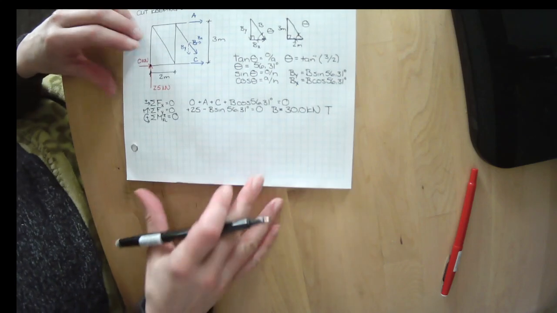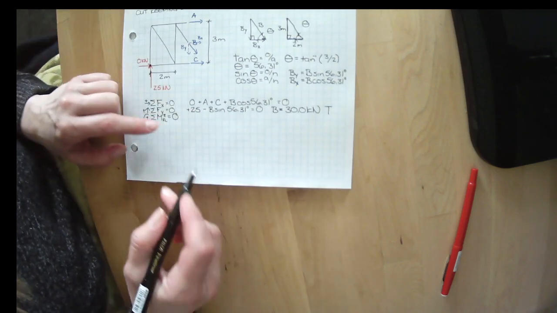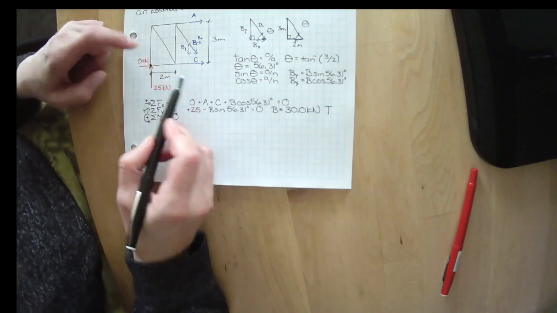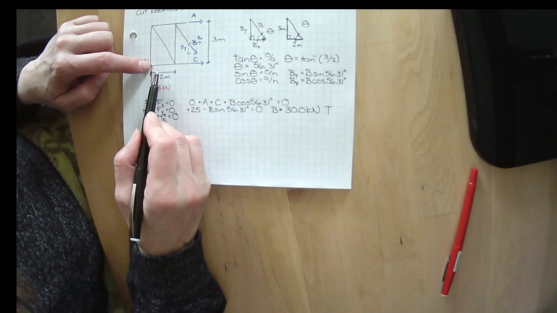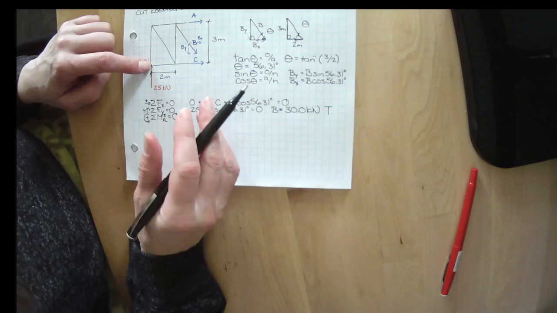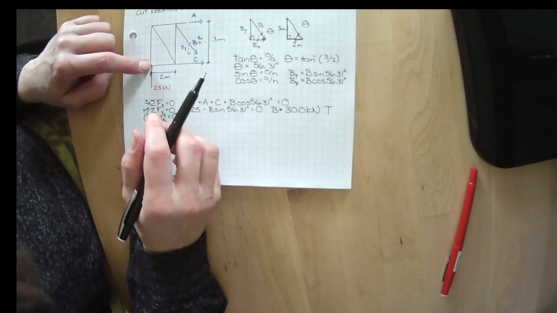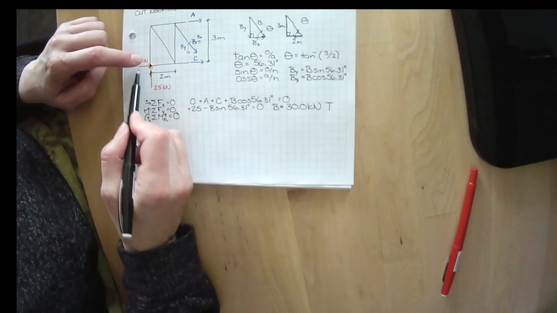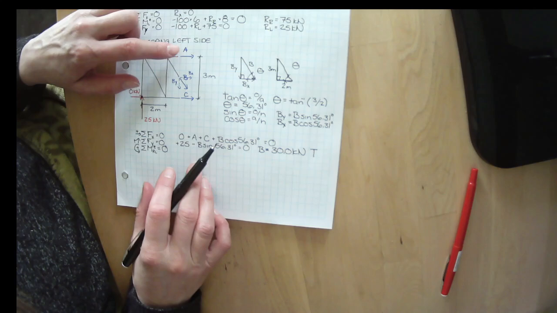All right. I have my 25 kilonewtons acting through it, and my 0 kilonewtons acting through it. So neither of those cause it to spin. C passes directly through my node, so it doesn't cause it to spin.